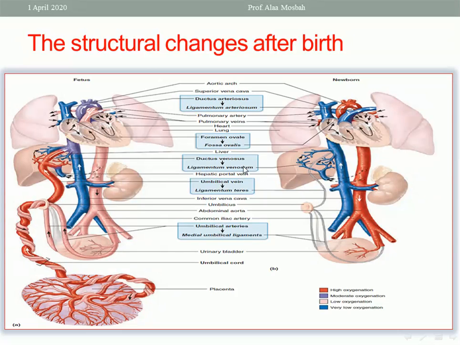What about the ductus venosus? It will be ligamentum venosum. What about the umbilical arteries? Umbilical arteries will be the medial umbilical ligaments, as you see here in its distal portion, while the proximal portion will still be patent and form the superior vesical artery.